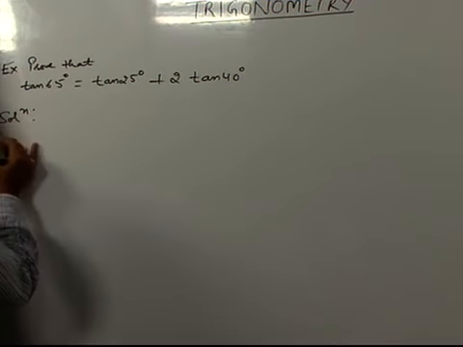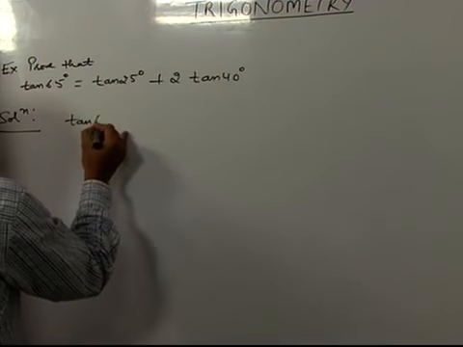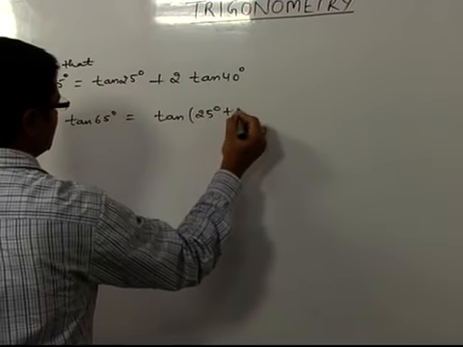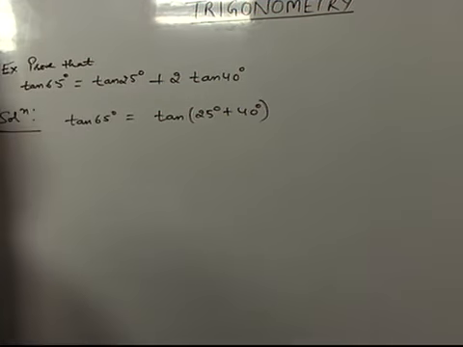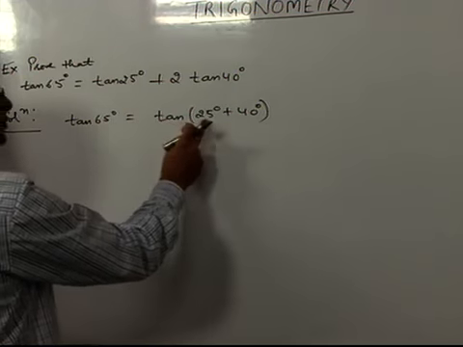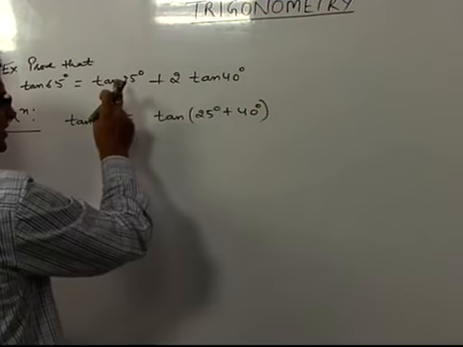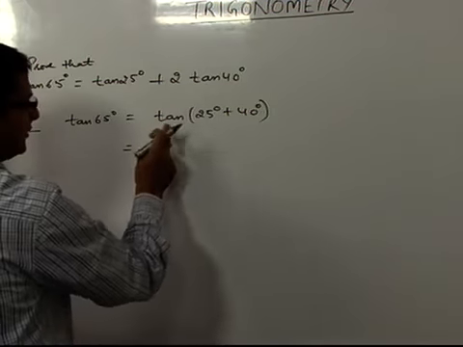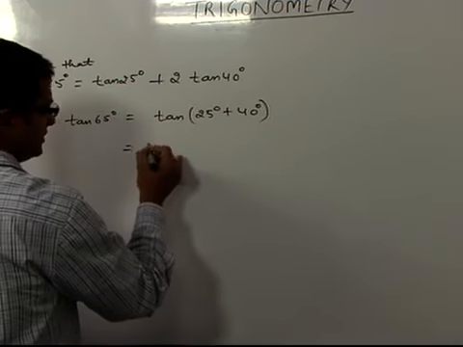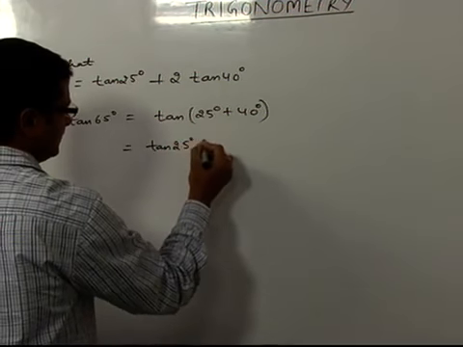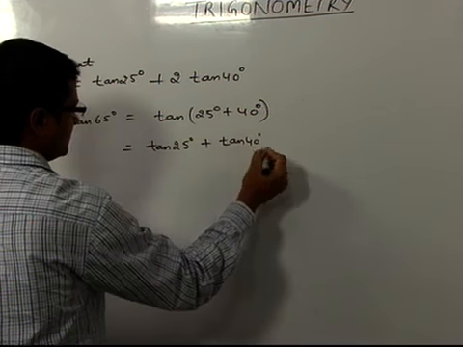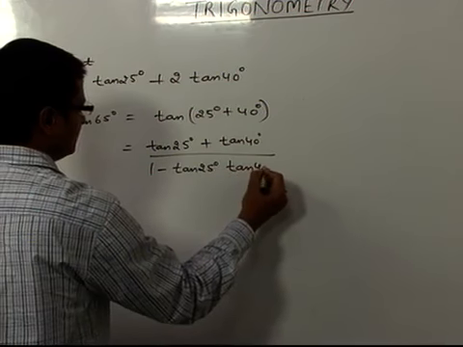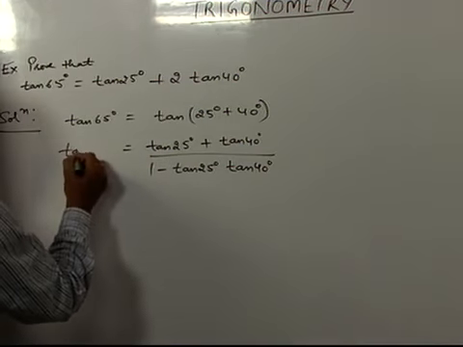Solution is: tangent 65 degree can be written as tangent 25 plus 40 degree. We have to break here 65 degree into 25 plus 40 because in the answer we want 25 and 40. Now applying the formula for tangent A plus B, it is tangent 25 degree plus tangent 40 degree upon 1 minus tangent 25 degree tangent 40 degree.